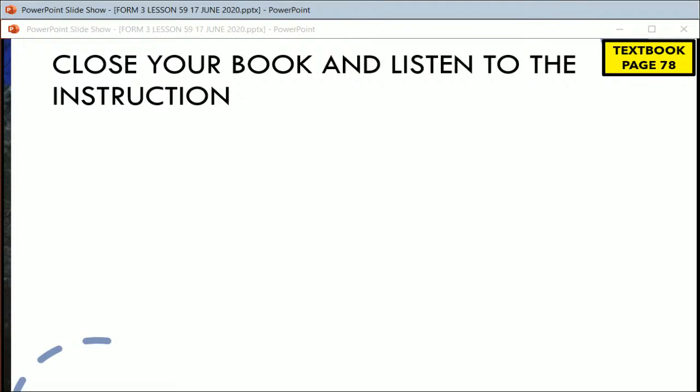I'm going to repeat. Here are some sentences about sport. For each question 1 to 5, complete the second sentence so that it means the same as the first. Use no more than 3 words. So if you listen to that instruction, write down what you heard and understand.